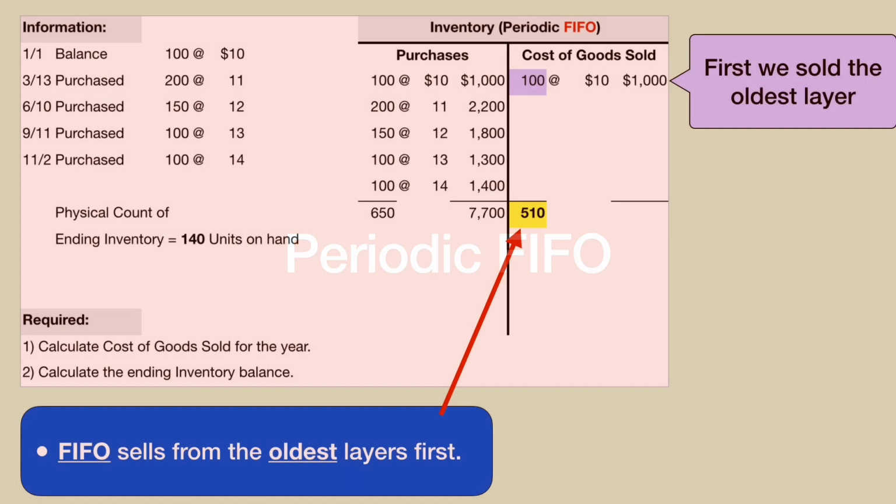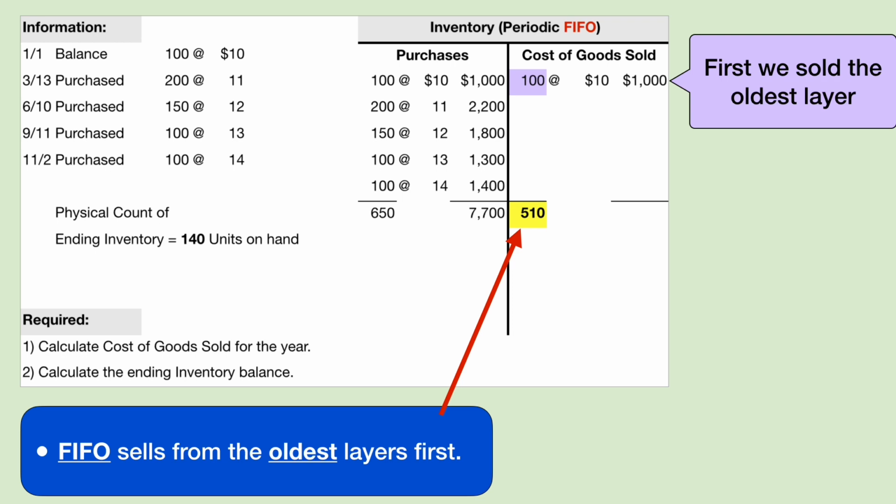Periodic FIFO. Step 1, write down all of the layers for the entire year. So you see, we have 650 units available for sale. We have 5 layers and 650 total units available for sale.